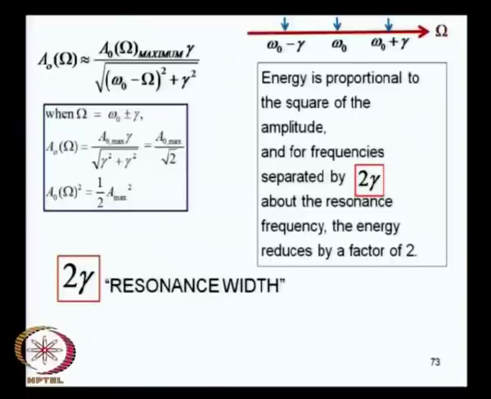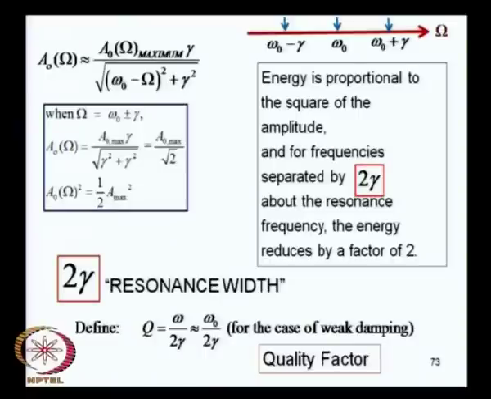And how far away? Well, if you remain within the damping coefficient gamma in units of frequency on either side of the resonance, you are guaranteed that your energy will not reduce by anything more than half, although the maximum energy transfer will be at the resonance frequency.